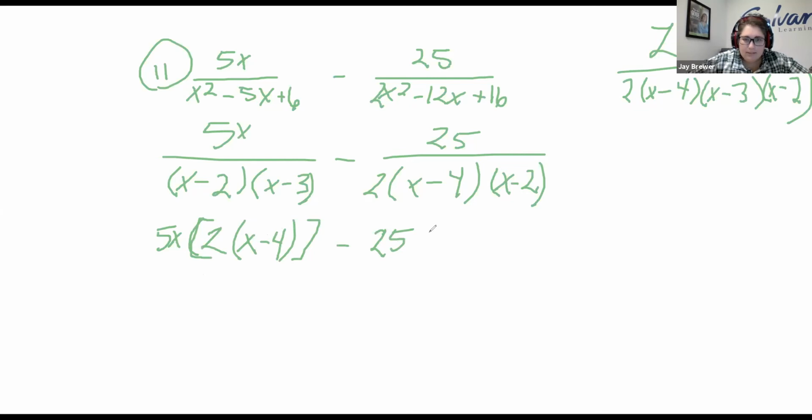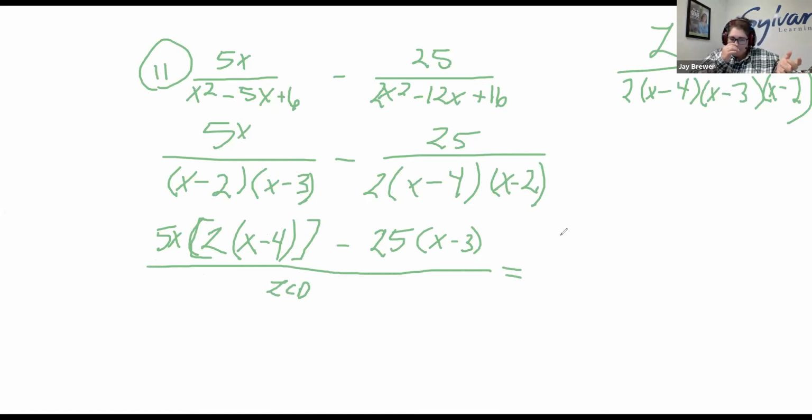And now we're missing just the x minus 3, right? Everything else is accounted for. This whole thing is over the LCD. Okay. So now we just have to go through and distribute and then combine like terms.